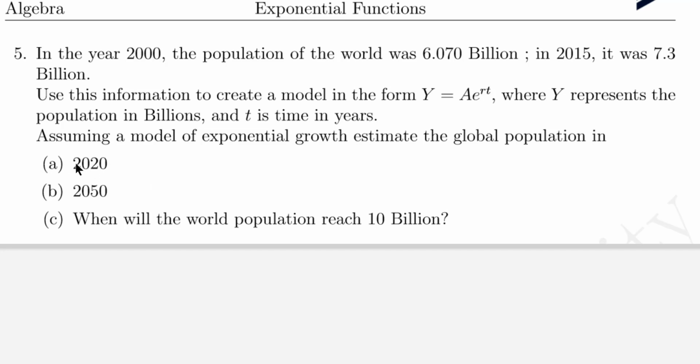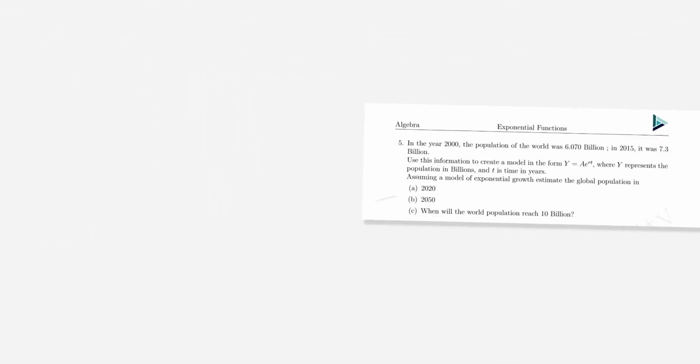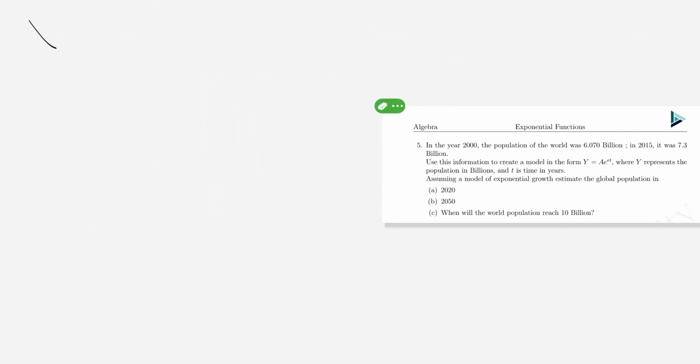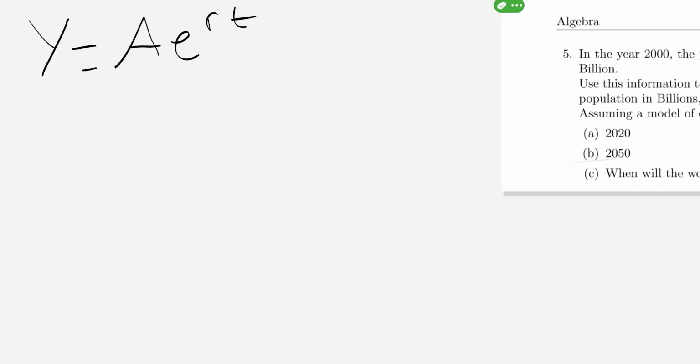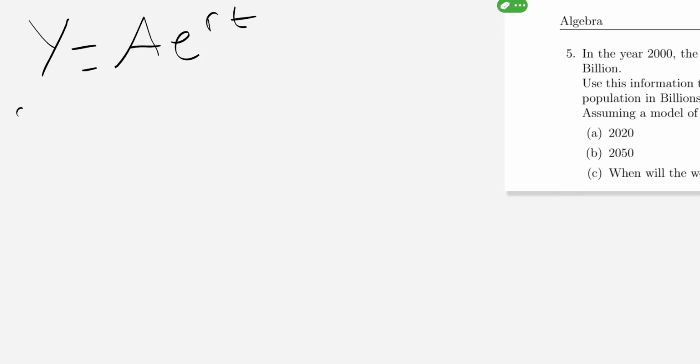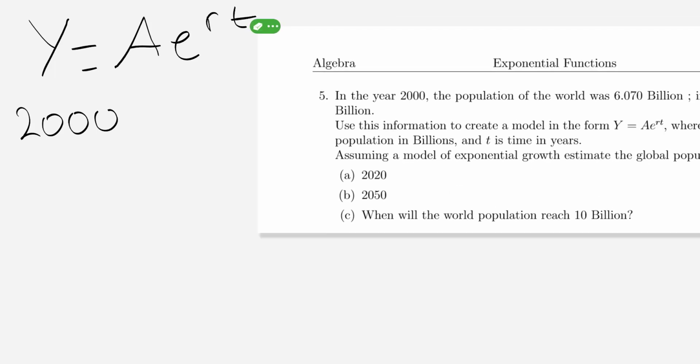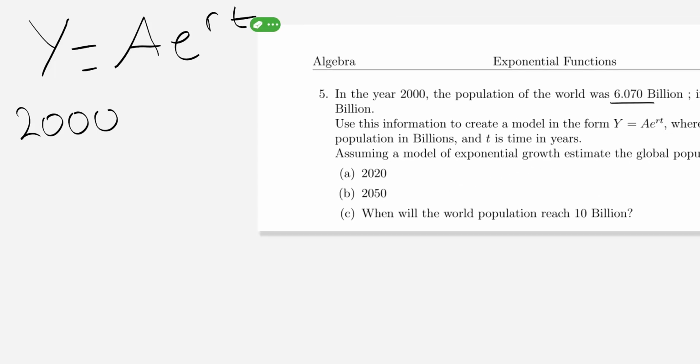So before we worry about answering A, B, or C here, we first of all need to create the model. So we know the model will take the form y equals a e to the power of rt. And looking at the question, let's write down this information. In the year 2000, the population was 6.070 billion.